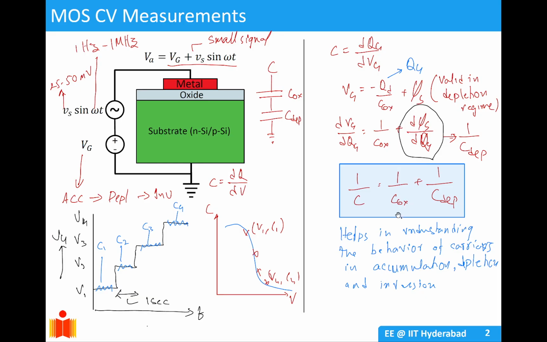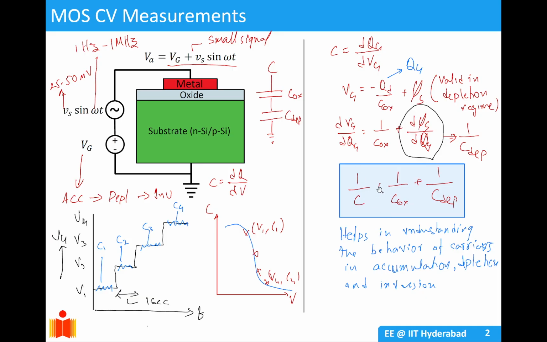We already know that the net capacitance is given by a series combination, because your Cox and C depletion are in series.